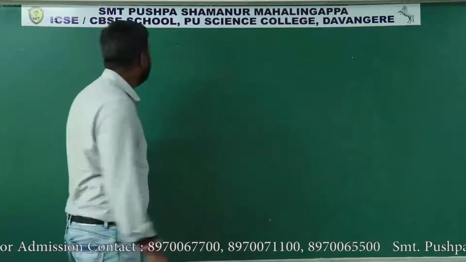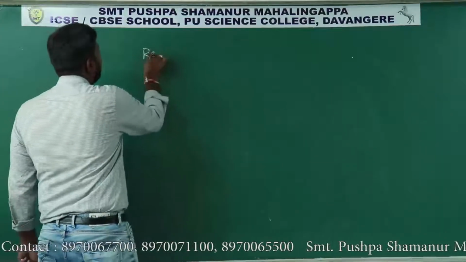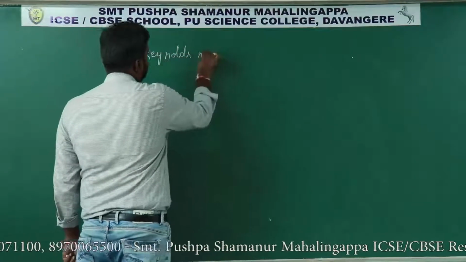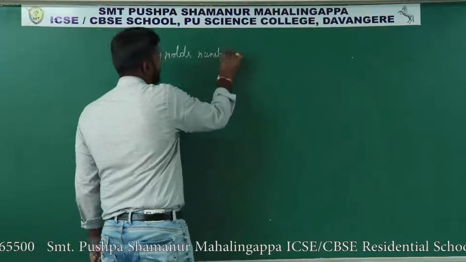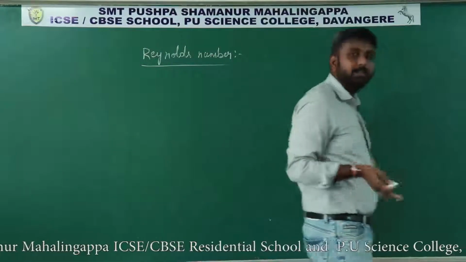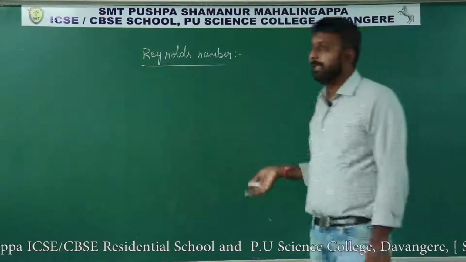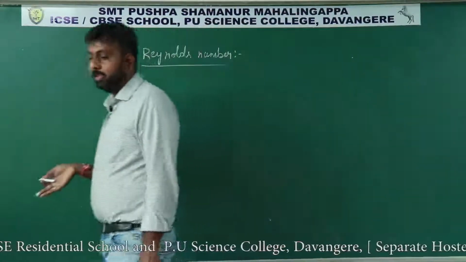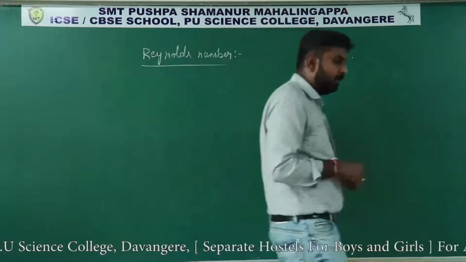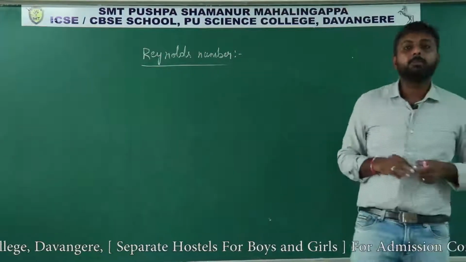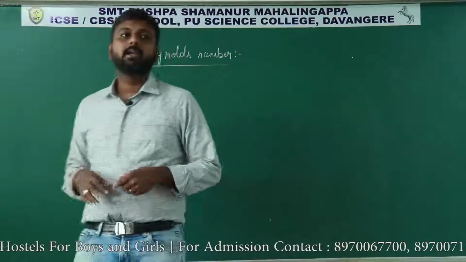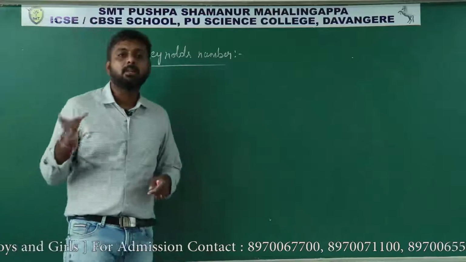And the next concept is Reynolds number. Okay, Reynolds is a scientist. He explained about the streamline flow and turbulent flow. We already know what is meant by streamline flow and turbulent flow, and also you know about critical velocity.